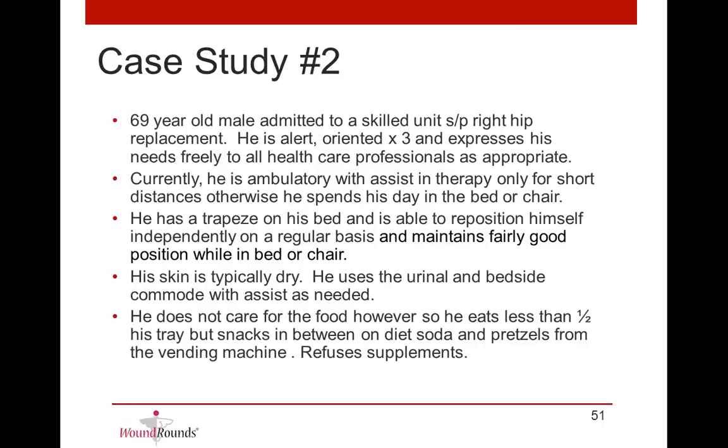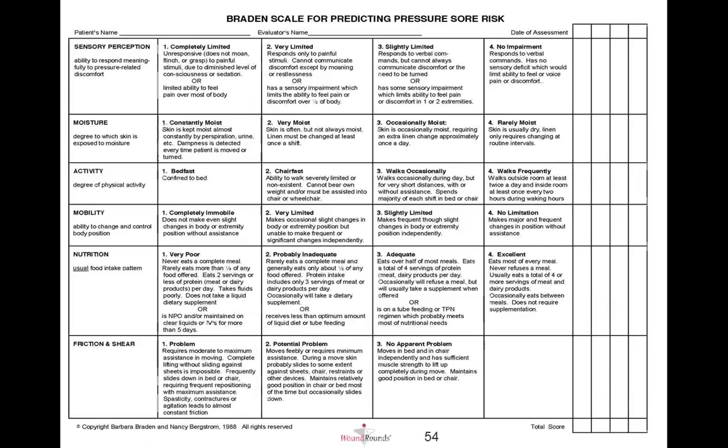He is able to reposition himself independently and maintains fairly good position while in the chair. His skin is typically dry. He uses a urinal and bedside commode with assist as needed. He, however, does not care for the food in this particular facility, so he eats less than half his tray, but snacks in between on diet soda and pretzels from the vending machine. Sounds good, right? He also refuses all of his supplements.